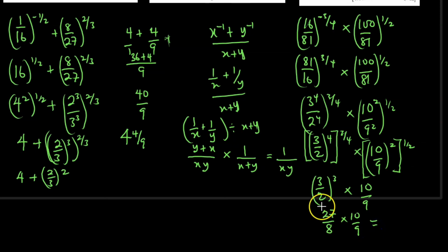When you simplify, 9 can go into 27 3 times, and then 2 can go into, so breaking it down, we have 9 going into 27 3 times, then 2 will go here, 4, and it will go into 10 5.